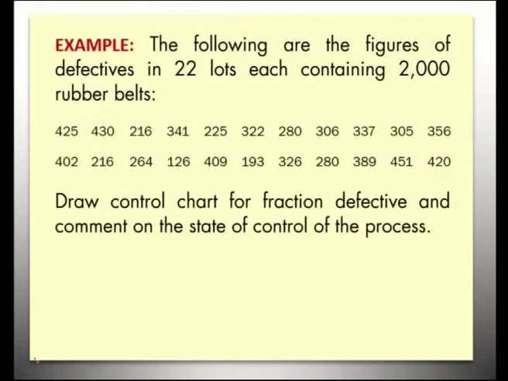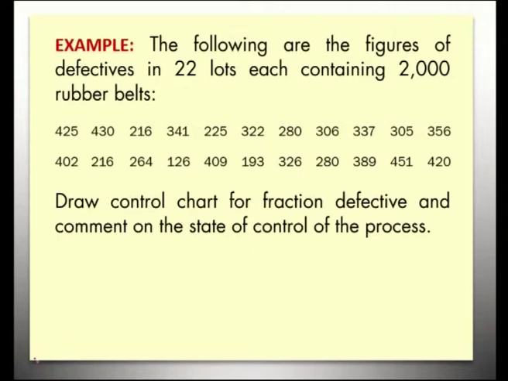Next, we work out an example in drawing the control chart for fraction defective and comment on the state of control of the process based on the chart drawn. The following are the figures of defectives in 22 lots, each containing 2000 rubber belts. Draw a control chart for fraction defective and comment on the state of control of the process.